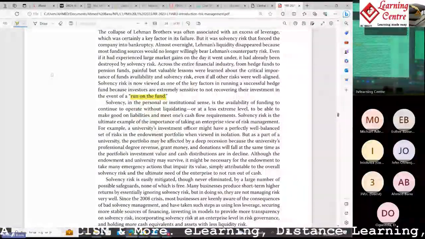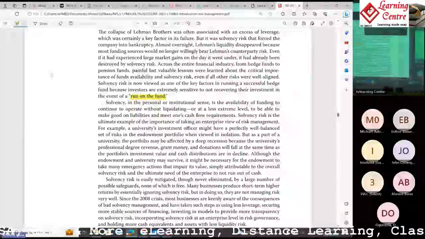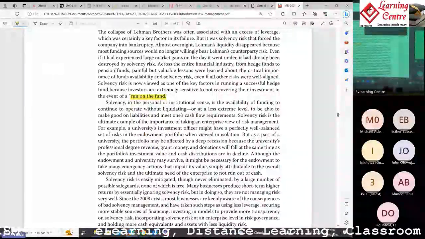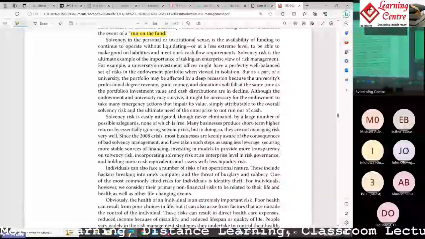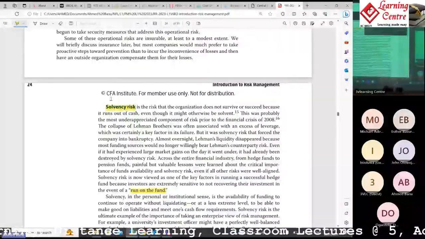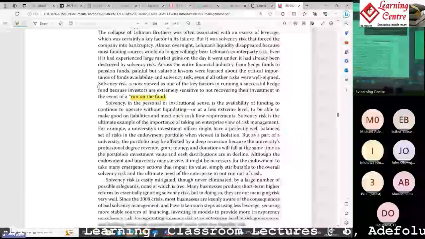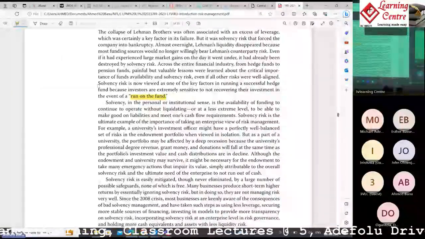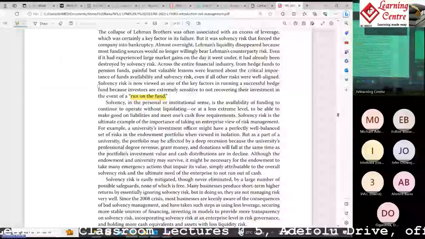Silicon Valley Bank. Yes, Silicon Valley Bank. That was the issue with Silicon Valley Bank. So Silicon Valley Bank experienced solvency risk.